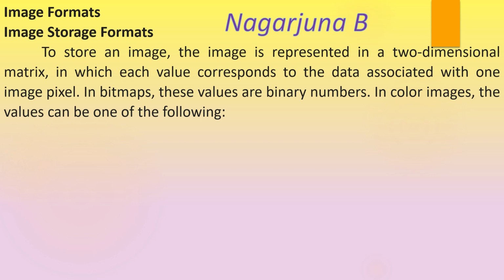So each of the values present in a two-dimensional matrix will correspond to the data associated with one image pixel. A bitmap is nothing but an array of pixels. So in bitmaps, these values are binary numbers, that is in case of black and white images.